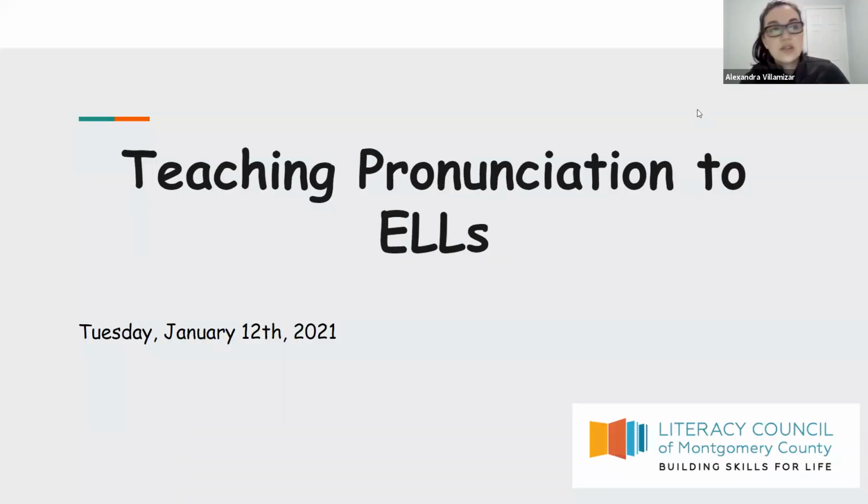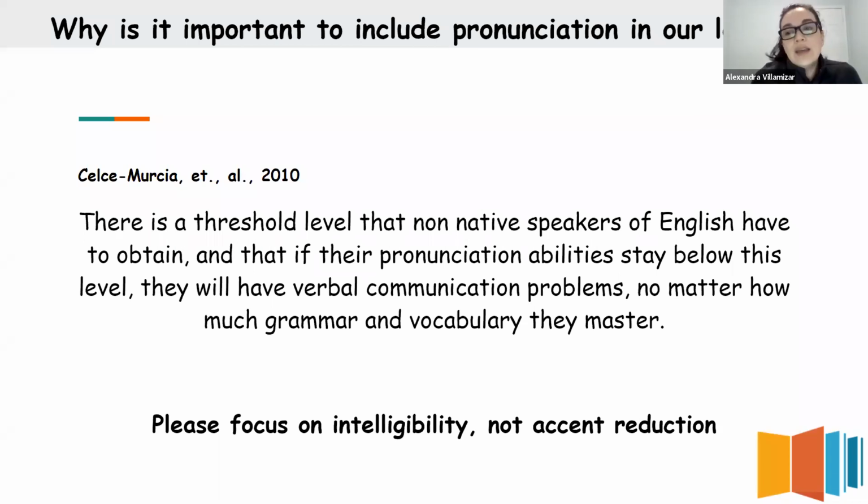Okay, so let's begin. Today we are going to talk about teaching pronunciation to English language learners and why it is important to include pronunciation in our lessons. According to those people who study the process of learning a language, and specifically pronunciation, there is a threshold level that non-native speakers of English have to reach. If their pronunciation abilities stay below that level, they will have verbal communication problems.